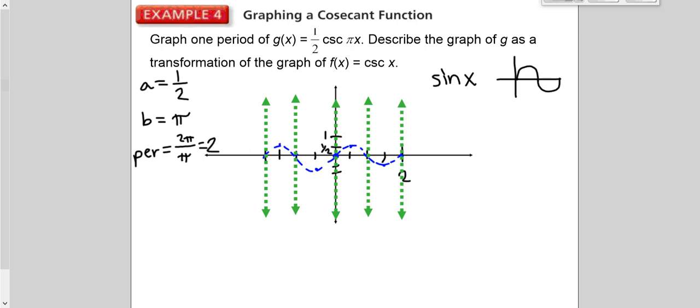And then draw your U-shaped curves for your cosecant graph. Goes up off the top ones and down off the bottom ones. And up off the top ones and down off the bottom ones. And there's our cosecant graph. And that's example 4.